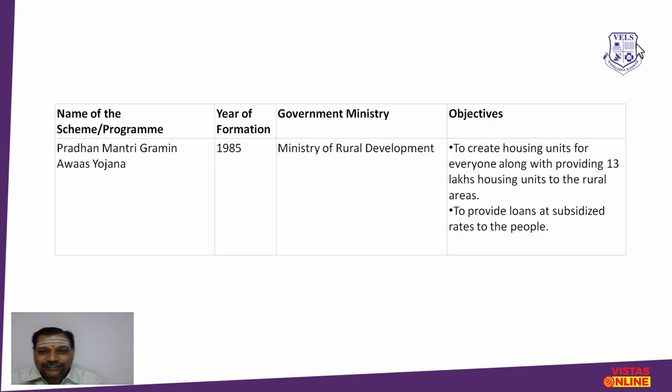Under this scheme, nearly 13 lakh houses were constructed. And the second objective of this scheme is to provide a loan at a subsidized rate to the people, a very low interest rate, nearly 3 to 4% for their loan, in order to start a small-scale or medium-scale business.